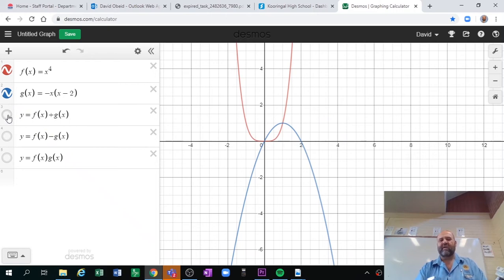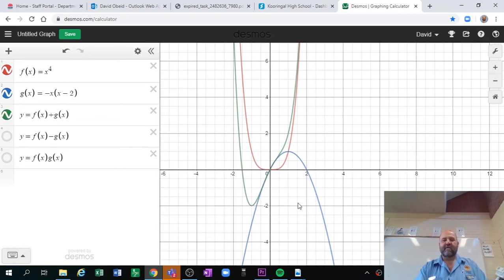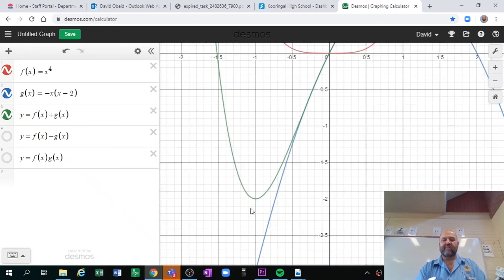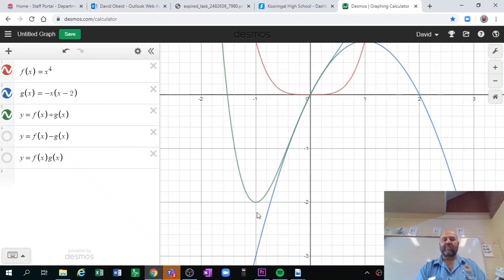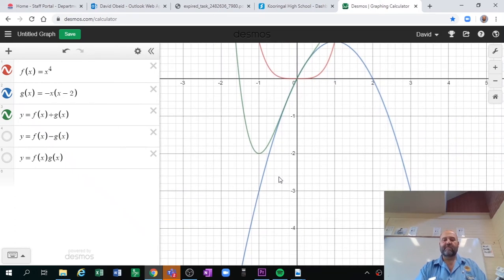Let's have a look. We're going to cheat and use Desmos to add all those points and then draw a graph through them, and that's what it ends up looking like. Down here at x equals -1, we end up with a minimum value of 2 for our two functions.